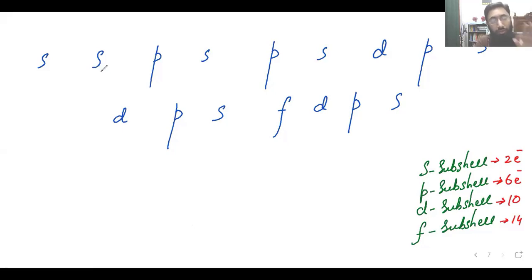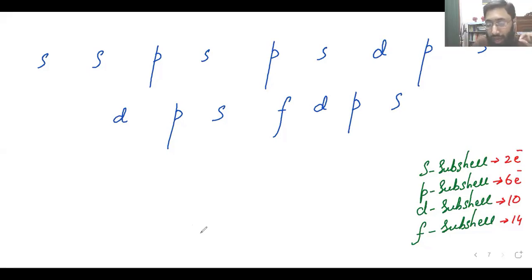School, school, public school, public school. DPS, Divisional Public School, Federal Divisional Public School. This poem will help us arrange subshells in the exact sequence.